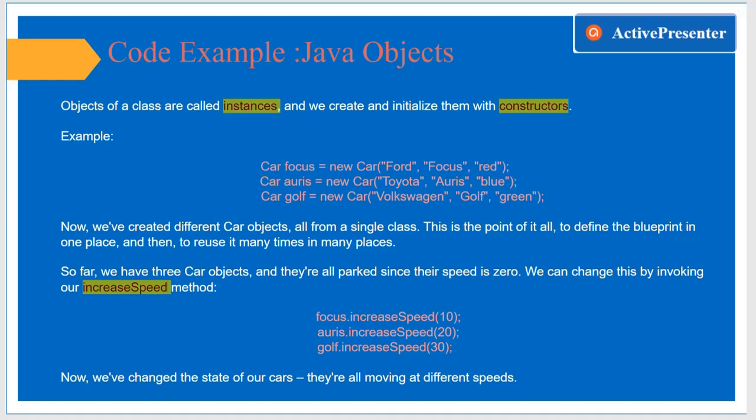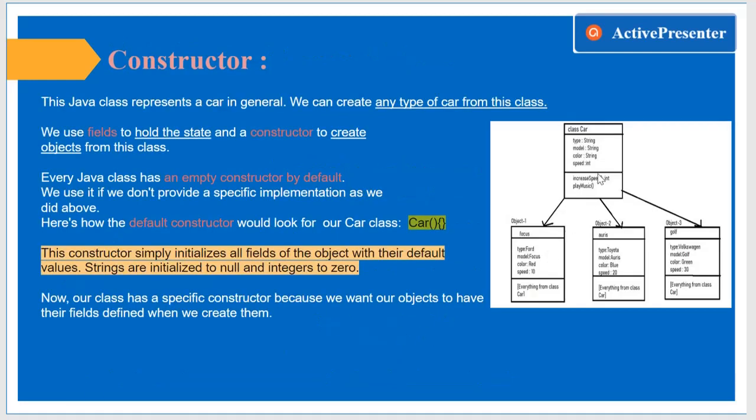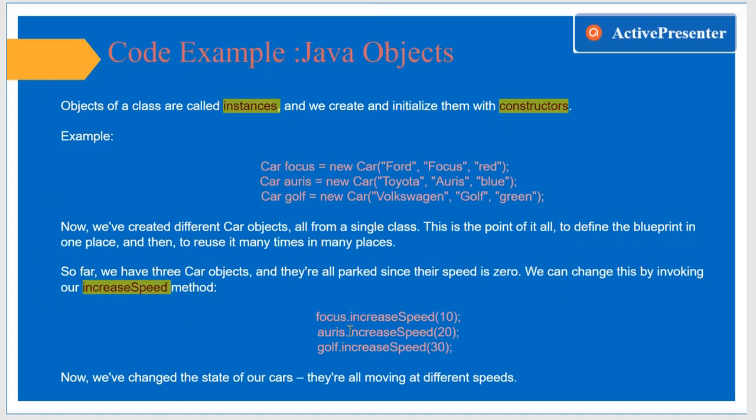We can change this by invoking our increase speed method. Here we declare the increase speed method. By calling it, we change the speed of the car. How do we call it?